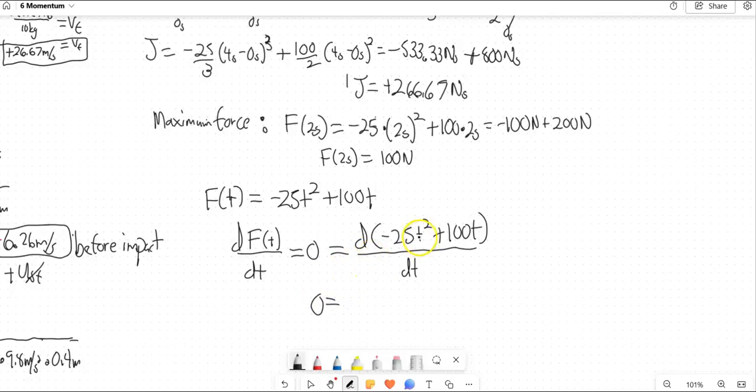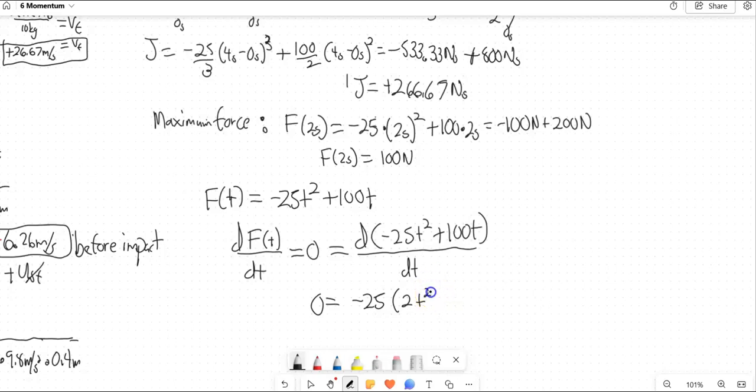So taking the derivative of this with respect to time, we're going to take this, which is negative 25. I'm just going to bring that to the front. This is going to be times 2t to the 2 minus 1. It's been a while since we've done derivatives, so I'm doing a little bit of a review.